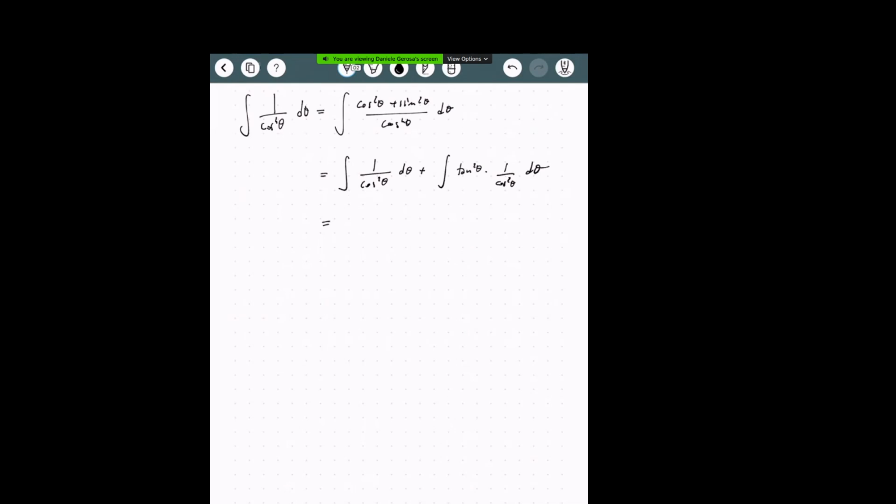And now this should be the derivative of the tangent, right? Yes. So this should be tangent of theta plus, and this is again tangent to the power of 3 divided by 3 plus a constant. So this should be correct.